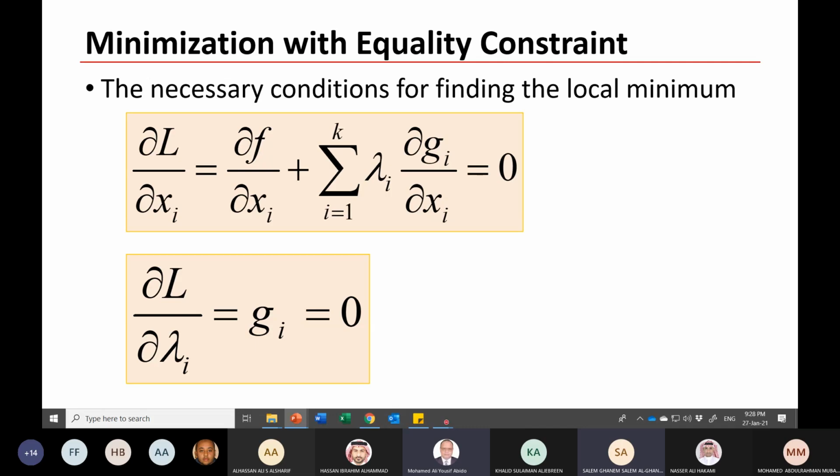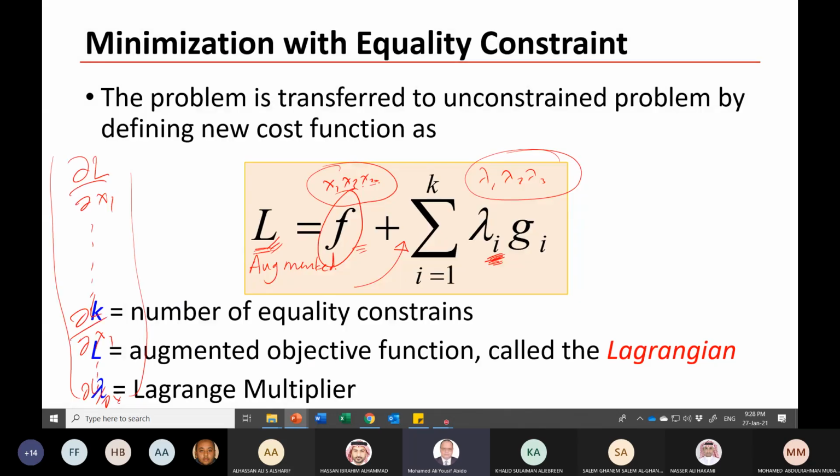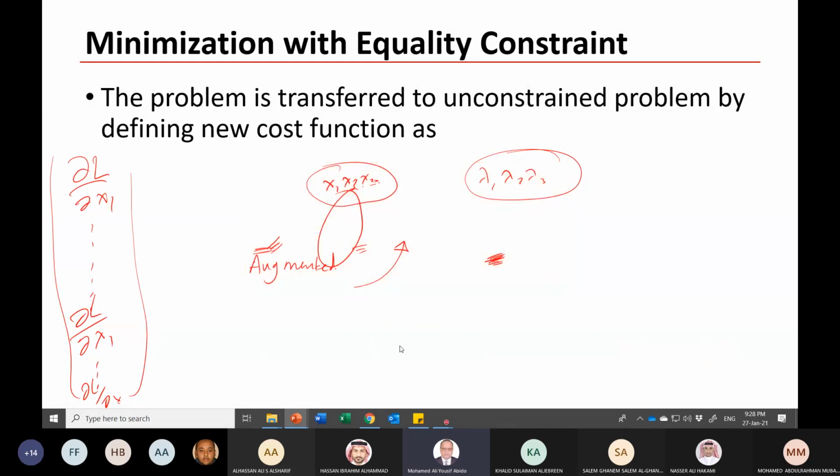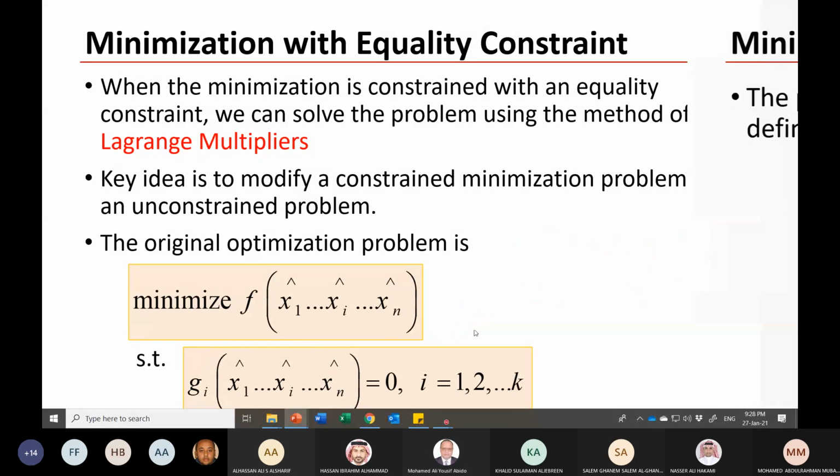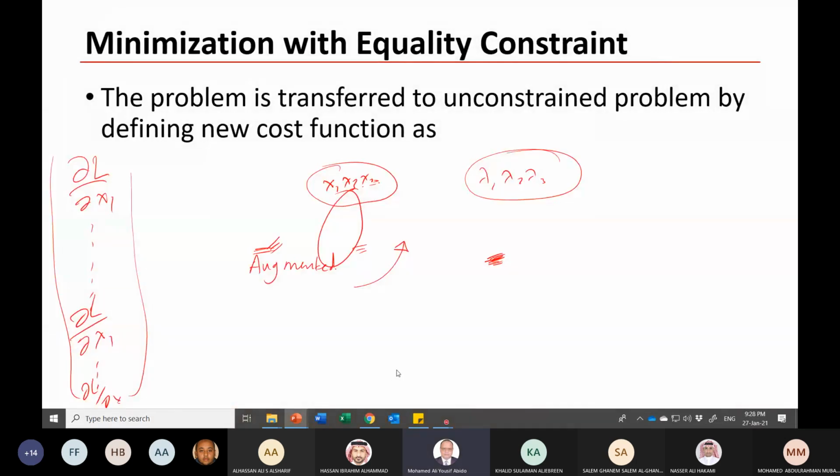Now what we have here, yeah, definitely you will do the same for inequality constraints. But for this specific example, we started with the equality constraint. For this equality constraint, you can add it right away in this case, okay? You will do the same also for inequality, but we will talk about inequality later on.